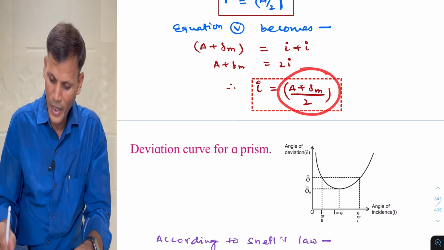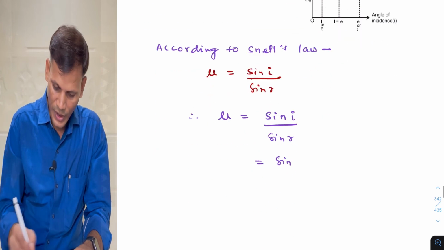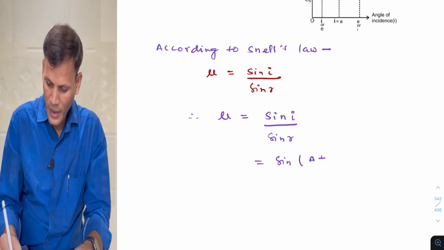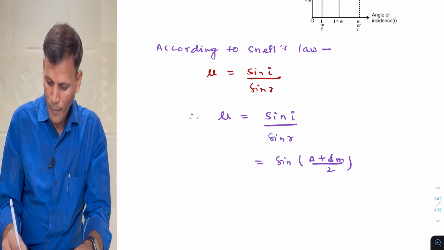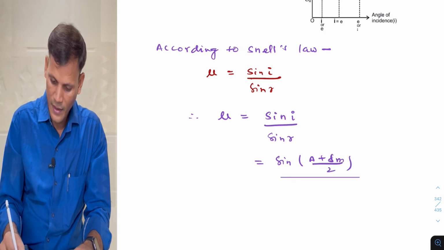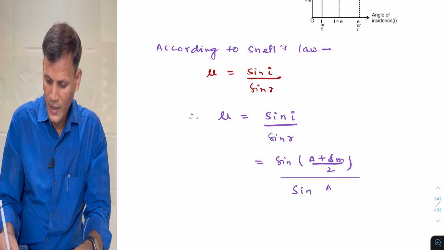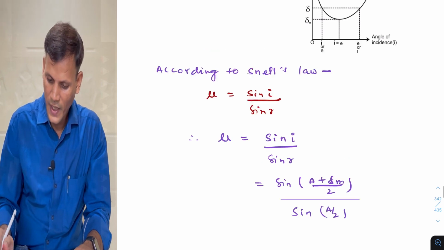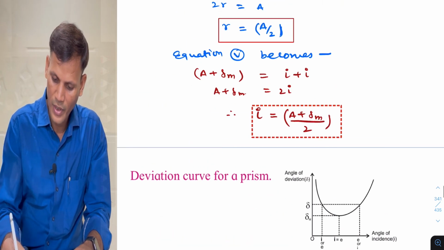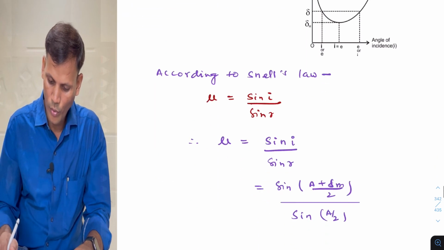A plus delta M by 2. So it will be sin of A plus delta M by 2 upon sin R, and R is A by 2, as we said over here.